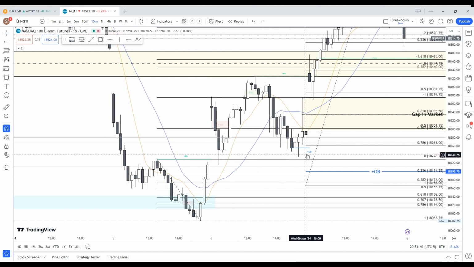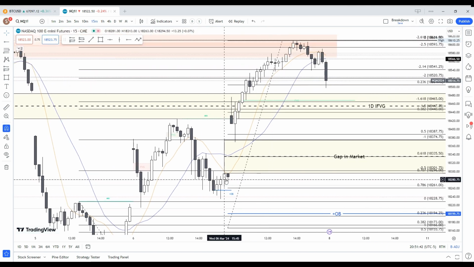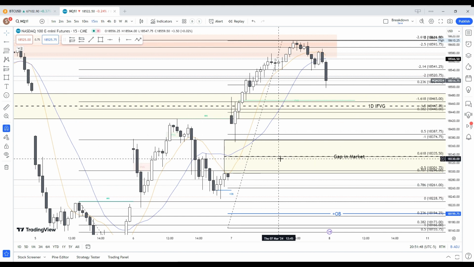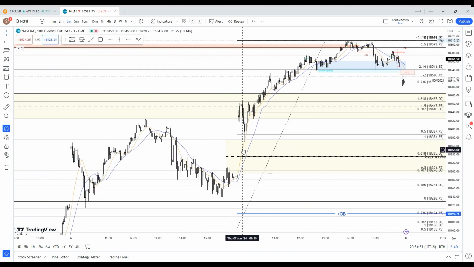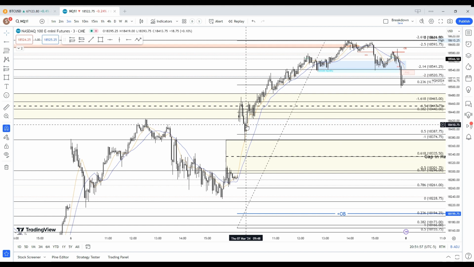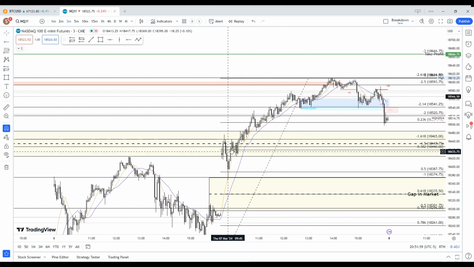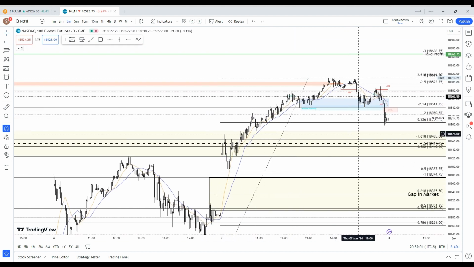So that was from yesterday. We gapped up this morning, right under this daily fair value gap, right? Hit this 10 EMA and continued.